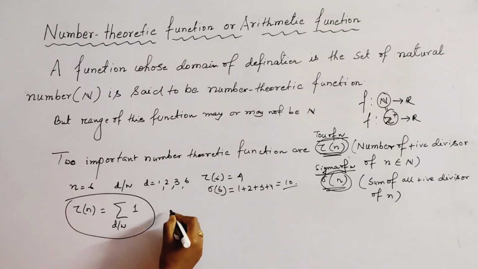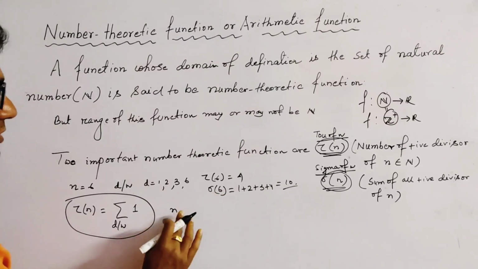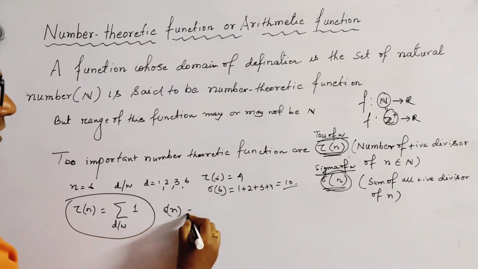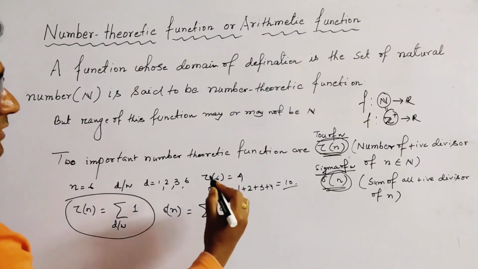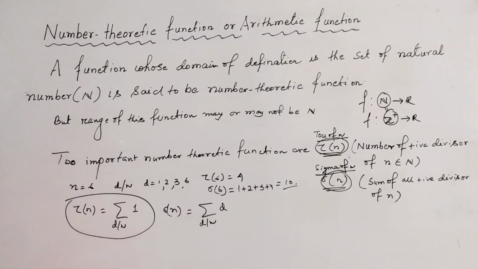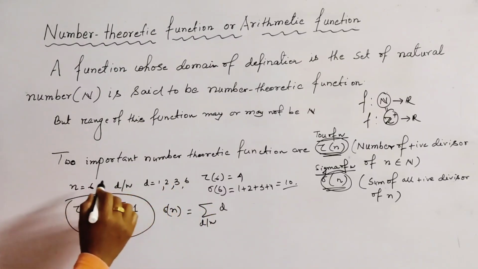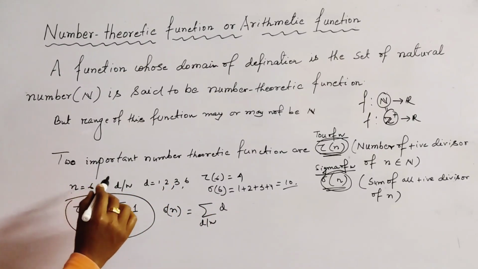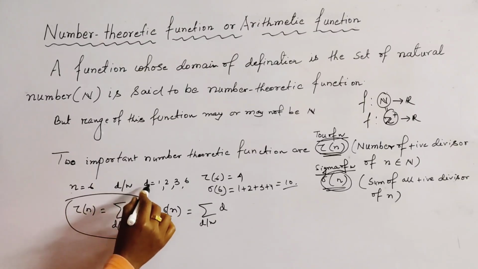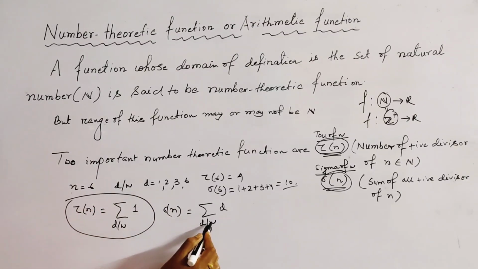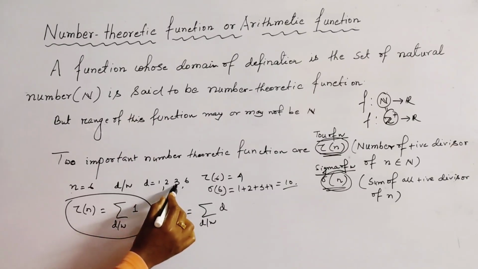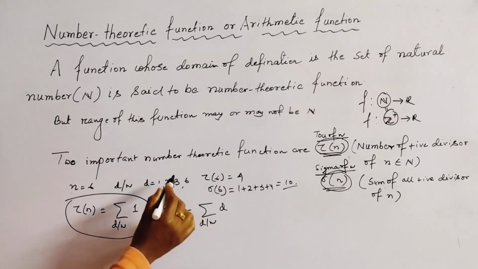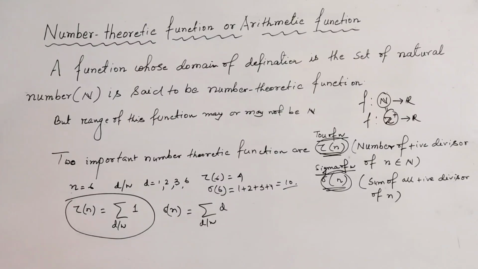And if we define sigma of n, this is equal to summation of d, where d divides n, because if we take n equal to 6, then at first d equal to 1 because 1 divides 6, d equal to 2 because 2 divides 6, d equal to 3 because 3 divides 6, and 6 divides 6.